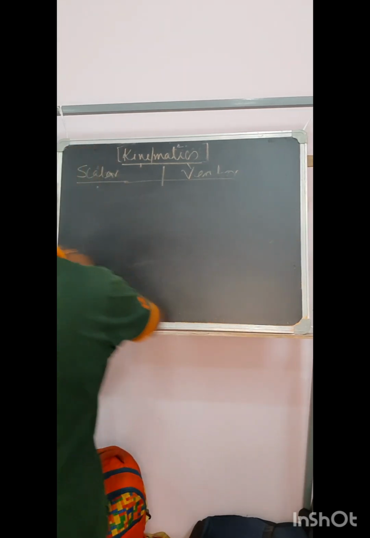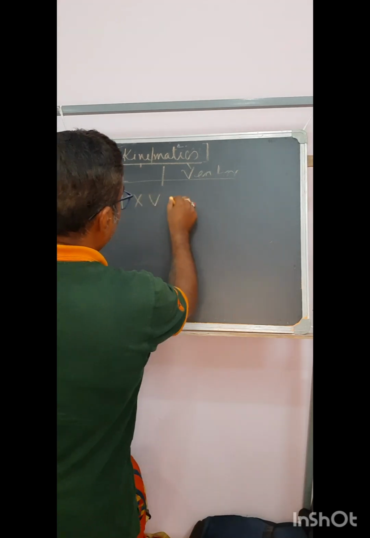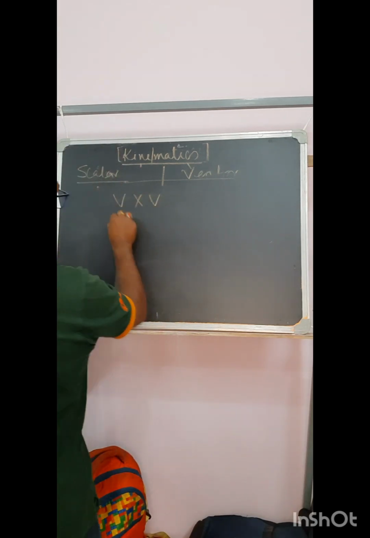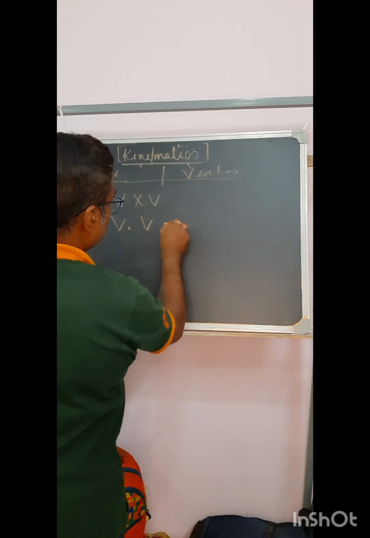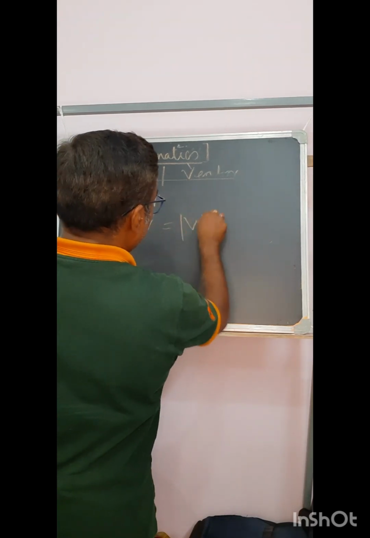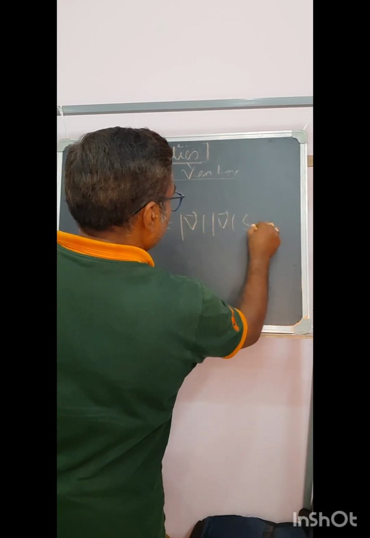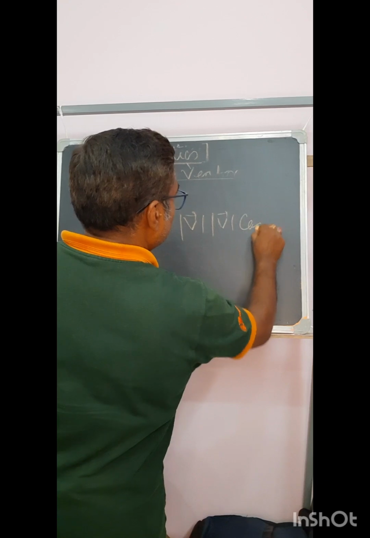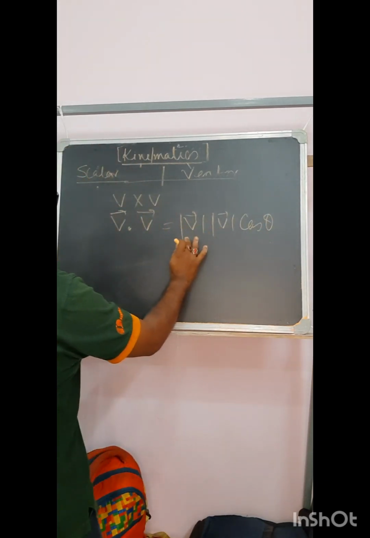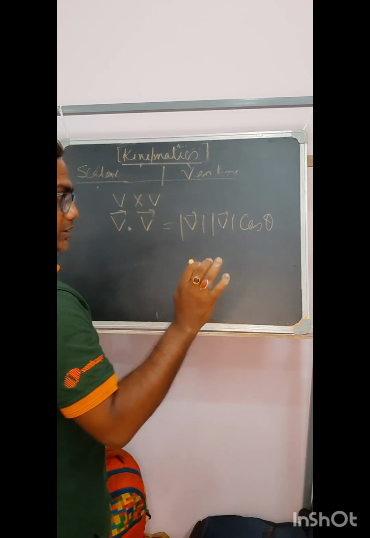Now when doing vector into vector, there are two multiplication methods. One is the dot method. If any two vectors are multiplied with the dot method, the resultant will be the mod of them. Mod means only the numerical value.